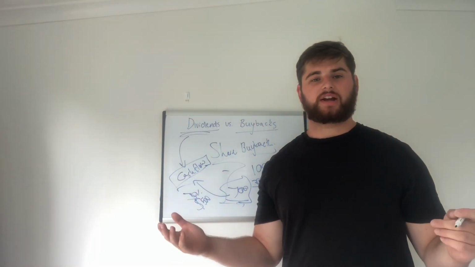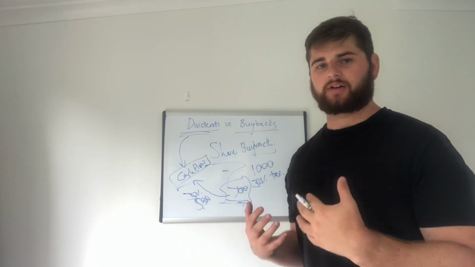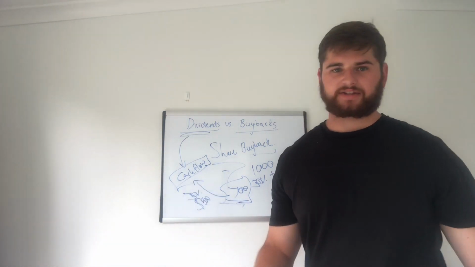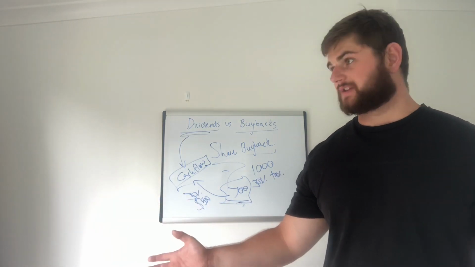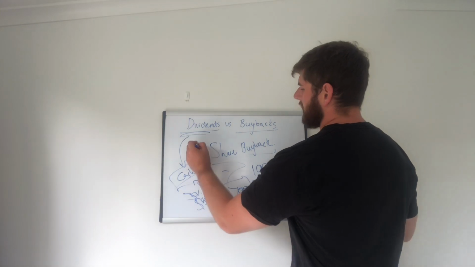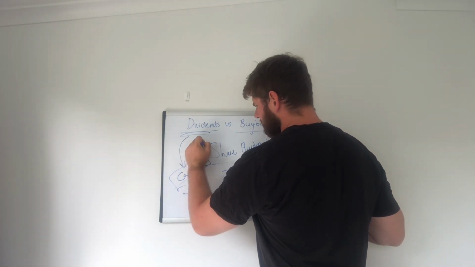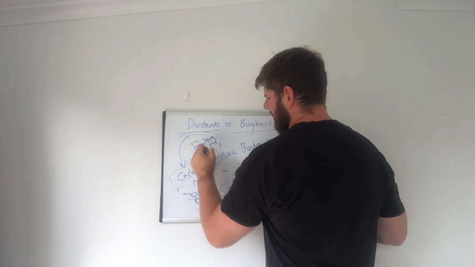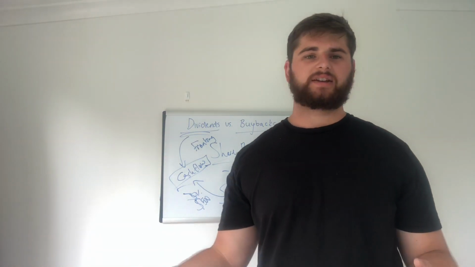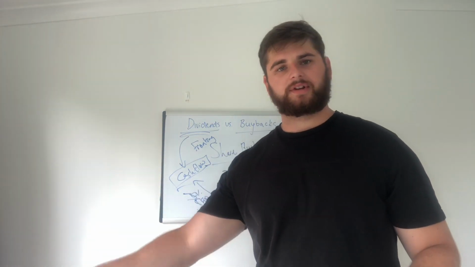Now in countries like Australia and New Zealand, I'm currently based in New Zealand, we actually do have a solution for this double tax situation, and it's not something I want to get into a lot of detail with at the moment, but there's something called franking, which is essentially a form of tax credit that gets paid along with your dividend as a shareholder.